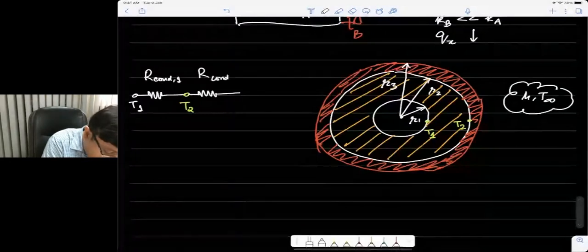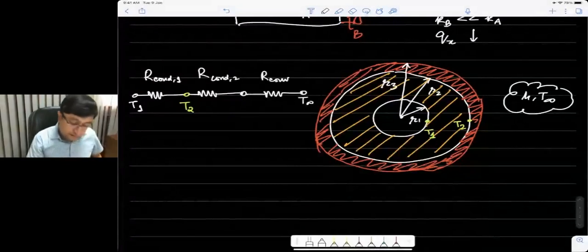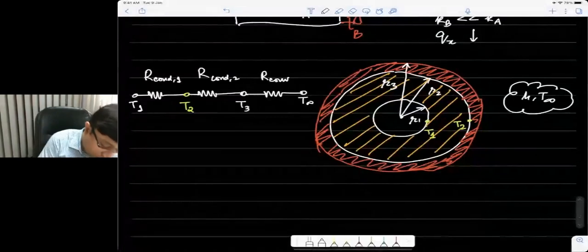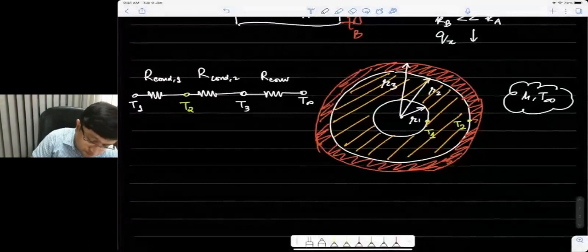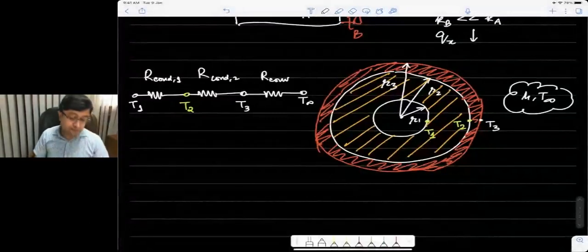I can say R conduction 2, and then we have a convection resistance to T infinity. So this is T1, T2, some T3 which we don't know, and T infinity. So T3 would be somewhere here.